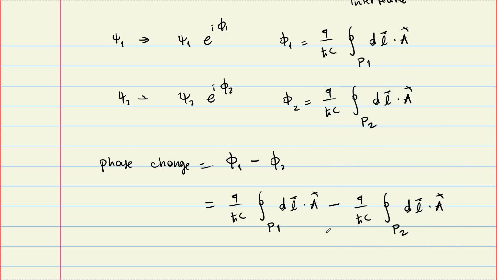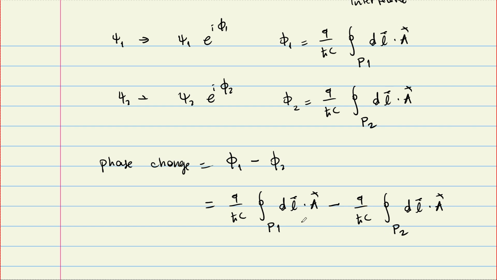I guess it's phi2 minus phi1. Yes, I wrote phi1 minus phi2, right? But you can take the other one, there could be an overall minus, that's also fine. The only thing that changes is the sines and cosines.